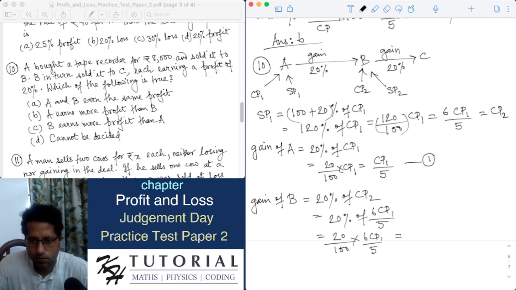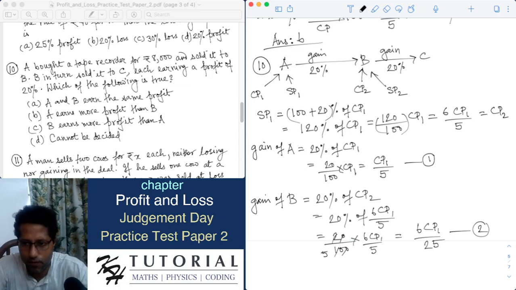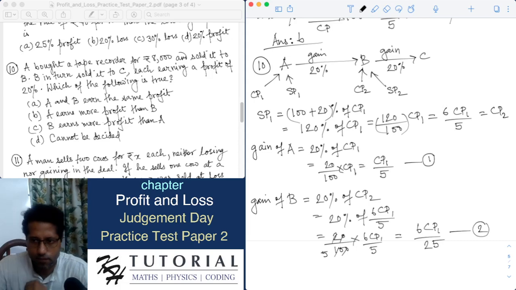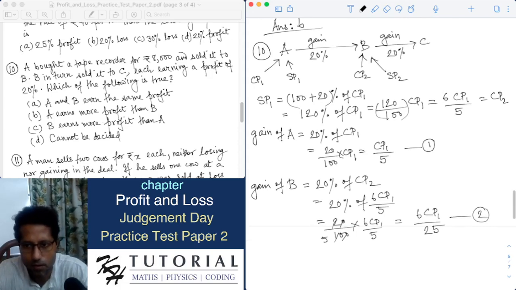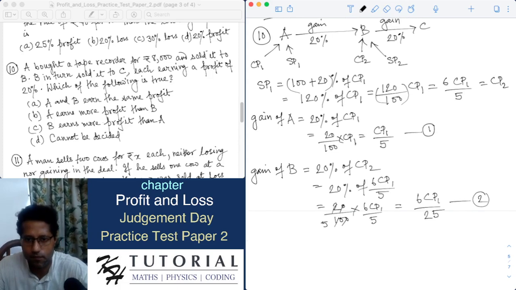This equals 6 CP1 by 25. This is the gain of B. Now we have to see which is more, CP1 by 5 or 6 CP1 by 25. We have to compare. Now gain of A is CP1 by 5 and gain of B is 6 CP1 by 25.